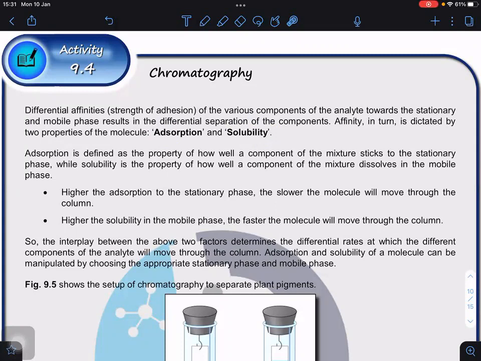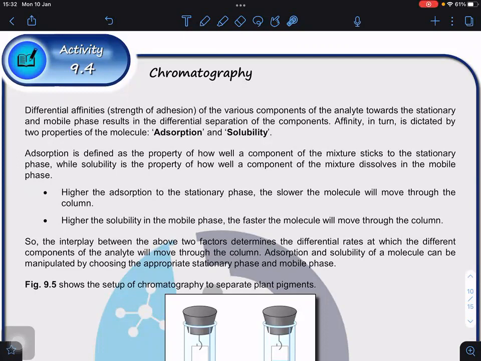Okay, what is adsorption? Adsorption basically means interaction. Try to imagine this classroom. I try to walk past each table. I am the pigment. When I walk past, if I have a very huge interaction with all of you, I talk to anyone, so I move slowly.